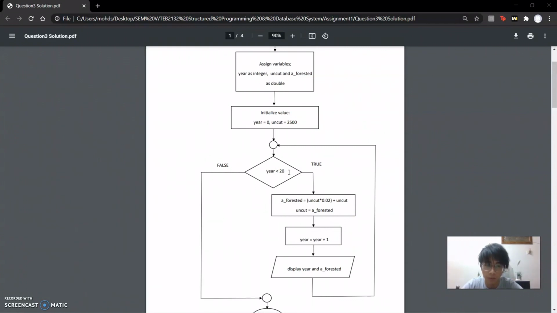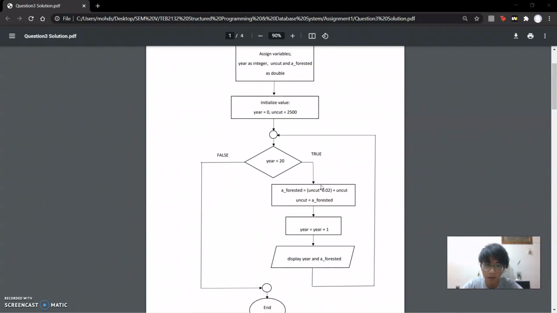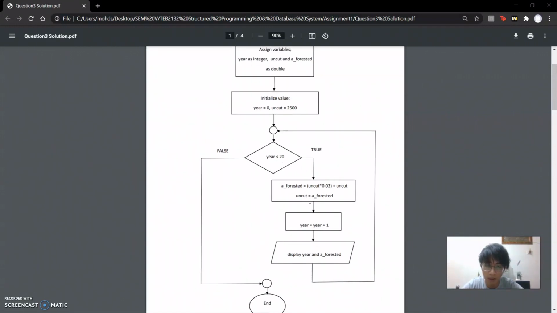So as long as the statement is true, the program will keep on displaying this output, which is area forested is calculated as the uncut times with 0.02, which is the reforestation rate, and plus with the uncut. And uncut, we equalize it to area forested because we want to display it underneath here.